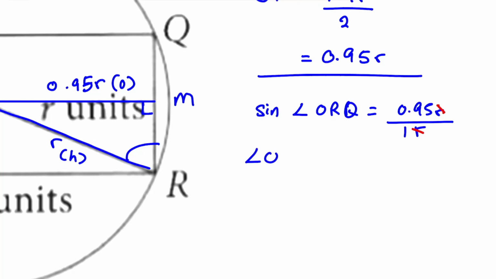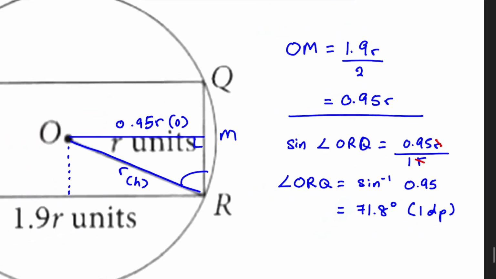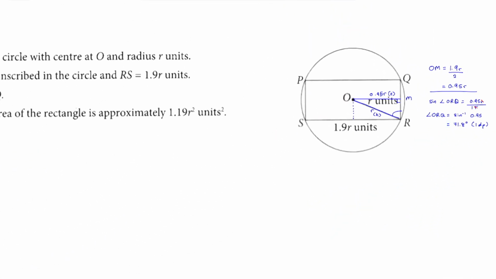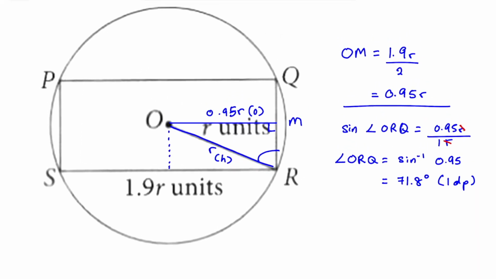So angle ORQ equals sine inverse of 0.95, and that would give us 71.80 degrees, 1 dp. So this is how you find part A of the question.